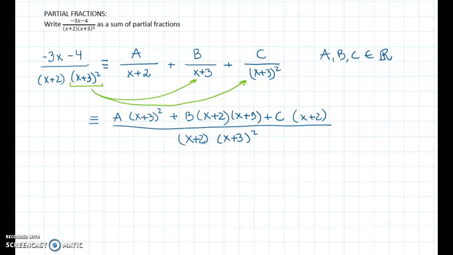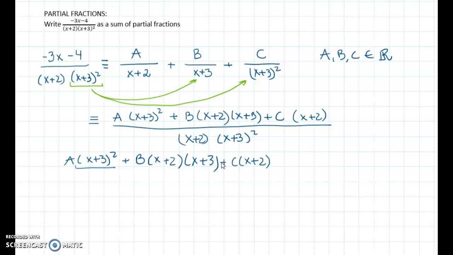So we need the numerators to be identical polynomials. So we need a(x+3)² + b(x+2)(x+3) + c(x+2).